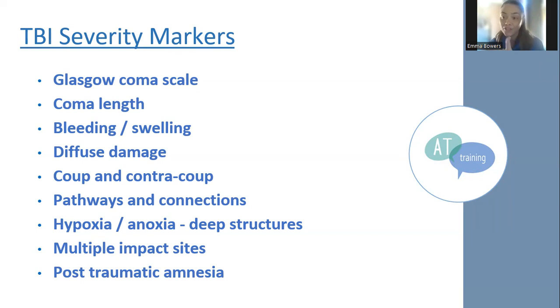Any lack of oxygen or starvation of oxygen can affect, again, the deep structures within the brain. With traumatic brain injury, you can often have multiple impact sites. Again, that will indicate how severe a brain injury is, and the level and length of post-traumatic amnesia would indicate how severe a traumatic brain injury is.